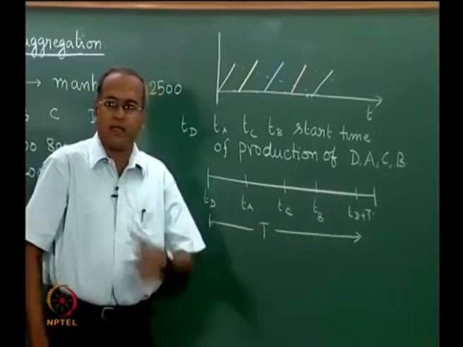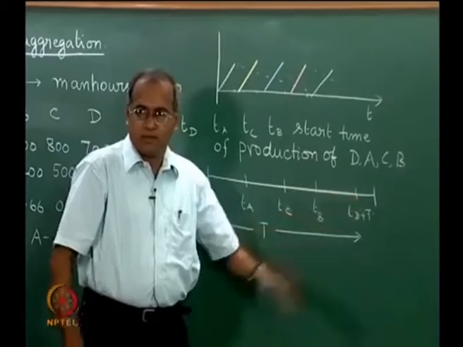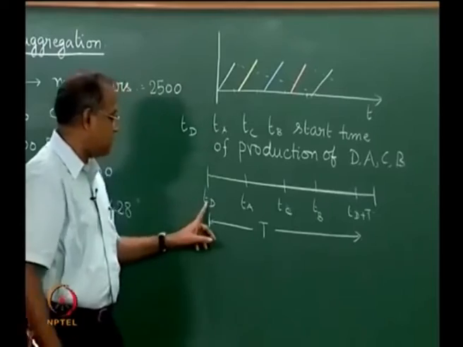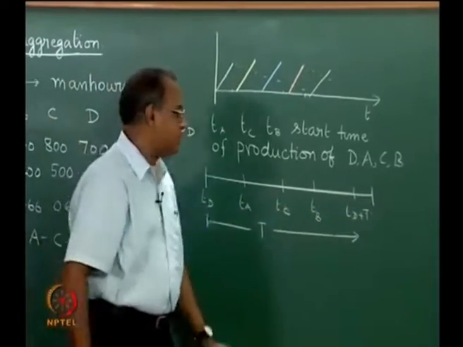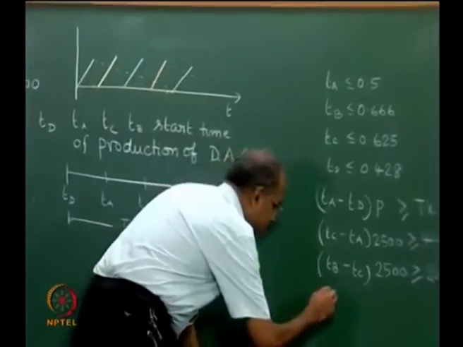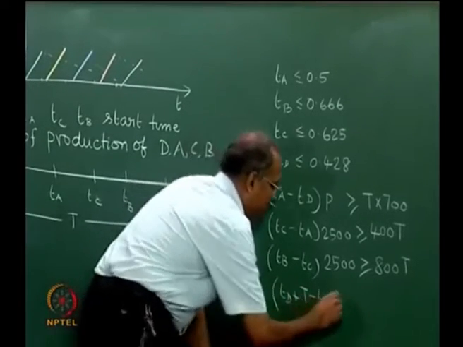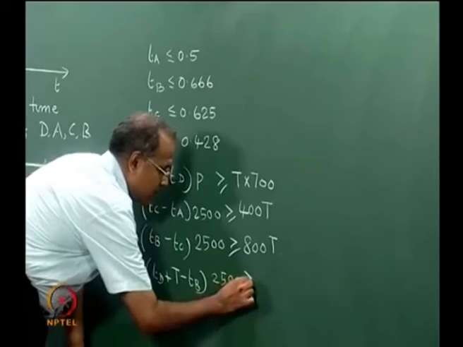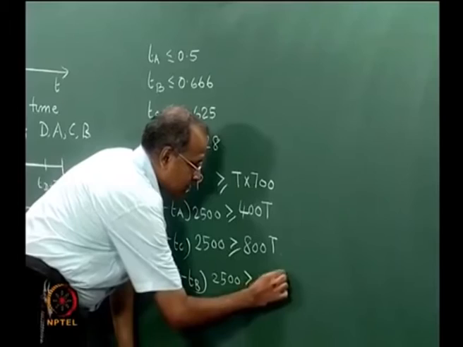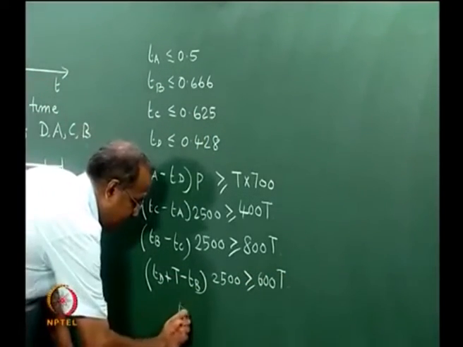Earlier when I wrote Td, I was trying to say that we are going to start producing D again, but the moment we want to write the time at which we start producing D again, it becomes Td plus another T. So, we are producing this item B up to Td plus T. So, this is Td plus T minus Tb into 2500 is greater than or equal to 600 T. Of course, we have all Tj, T greater than or equal to 0.